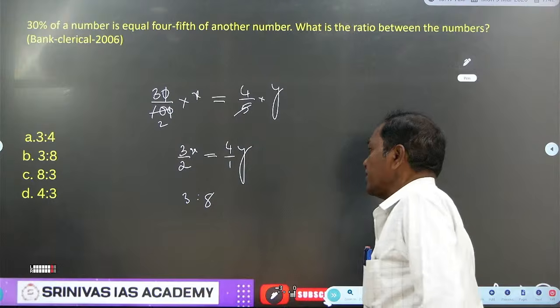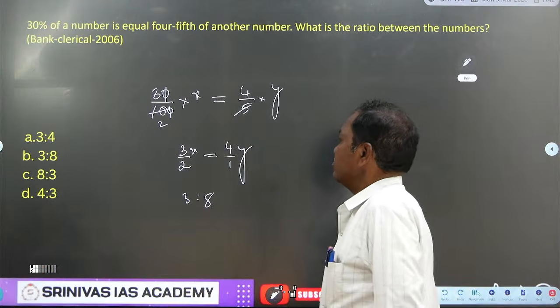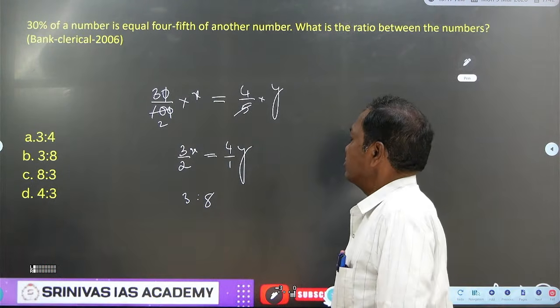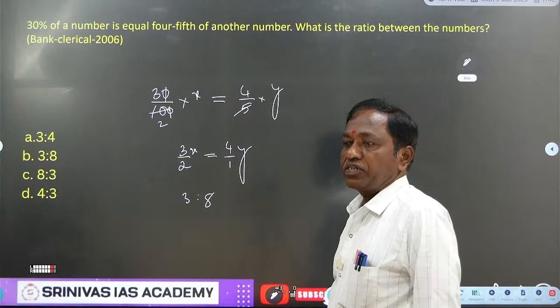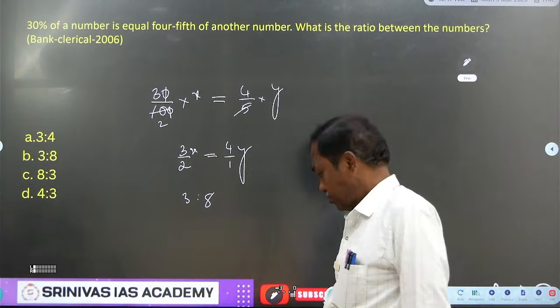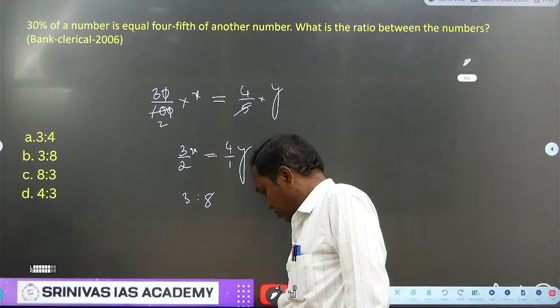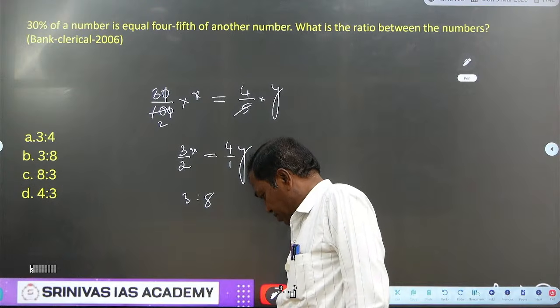What is it, 3 by 8 or 8 by 3? Which is correct? Which is the correct one? 8 by 3, sir. 8 is to 3.